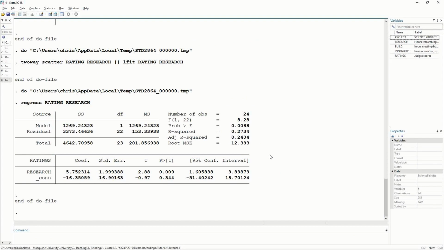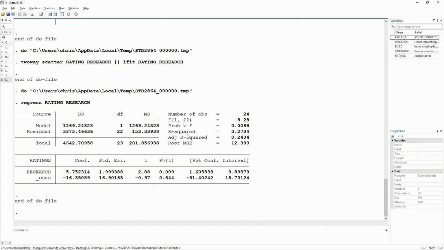So this is what our regression output looks like. This up here is called an ANOVA table. I can see that there are 24 observations, so there's no missing data. I get an F statistic of 8.28, so this is my overall model statistic. Again, it's not too important for today, but we will come back to it next week.